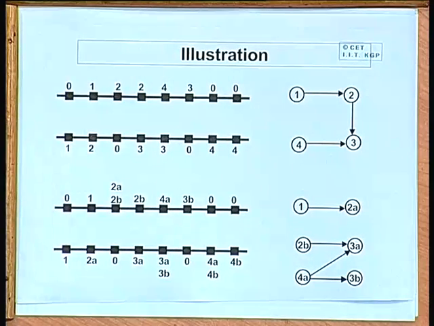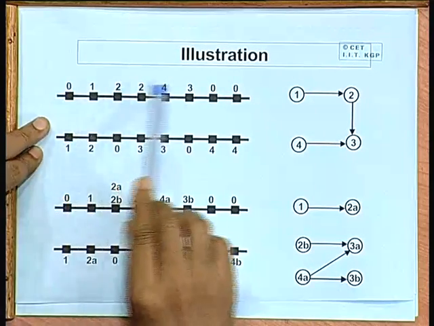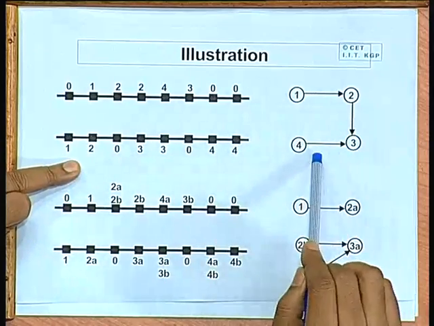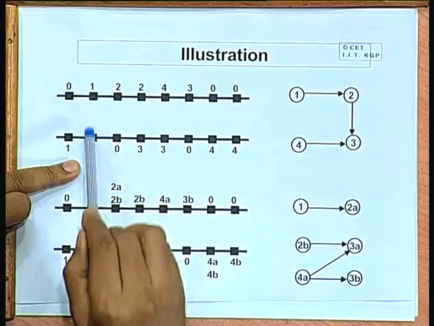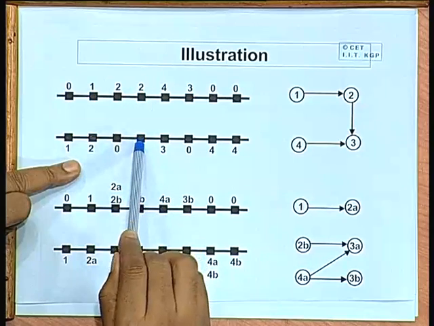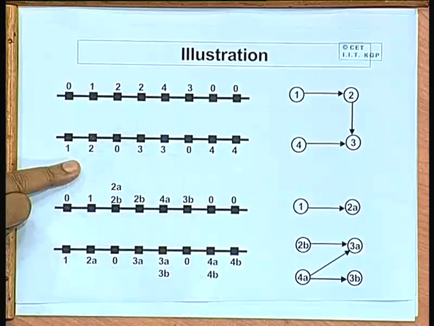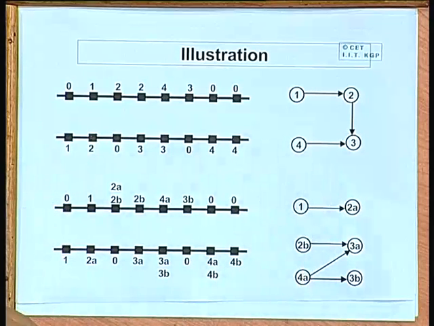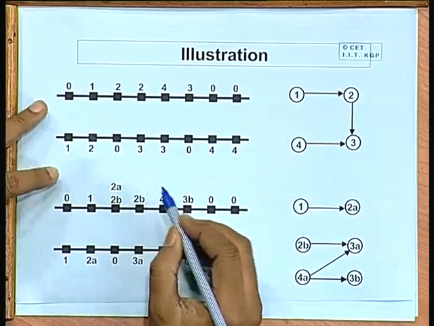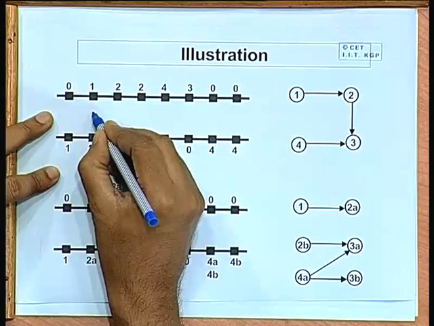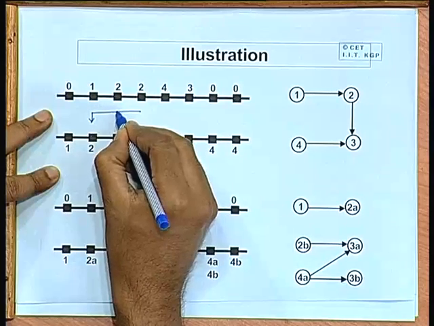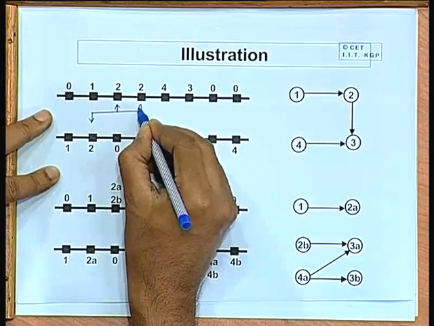Take this. This is a simple example where the vertical constraint graph looks like this. There is an edge from 1 to 2, 2 to 3 and 4 to 3. This is the VCG. Now, here you see that there are some nets which are multi-terminal. One is this net number 2, where you have a terminal out here, out here, out here.